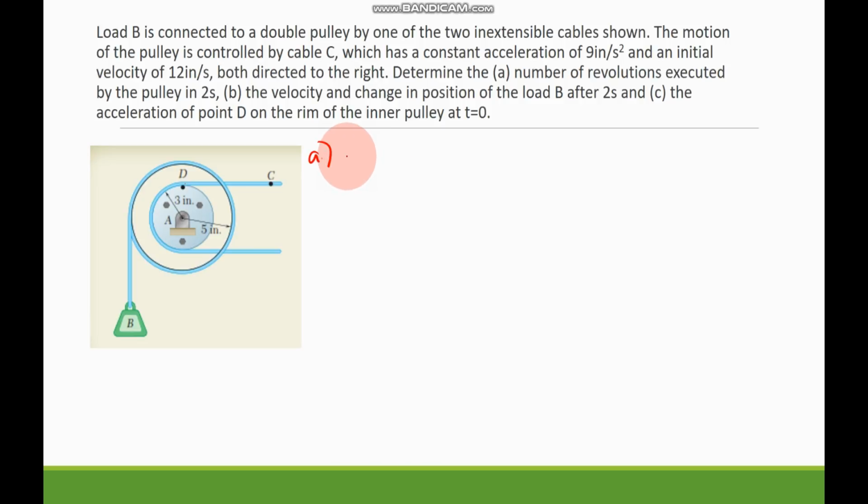So let us denote that the initial velocity at point D is equal to the initial velocity of point C, which is equal to 12 inches per second, as stated in the problem, going to the right. And the tangential component of the acceleration is equal to the acceleration of point C, which is 9 inches per second squared, also going to the right.